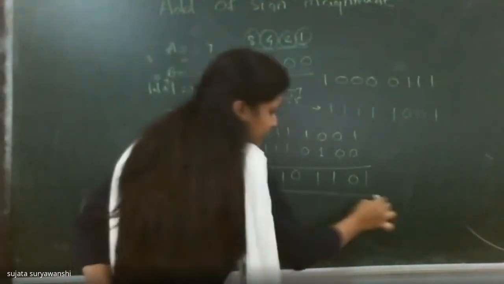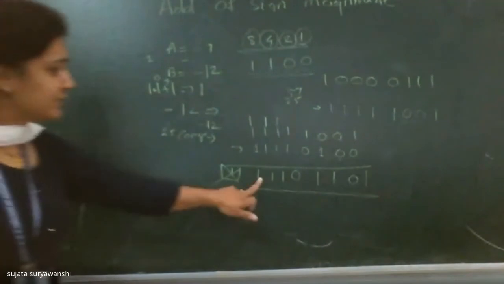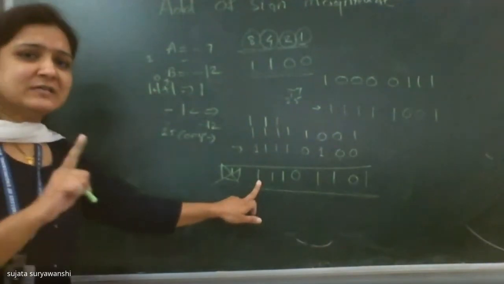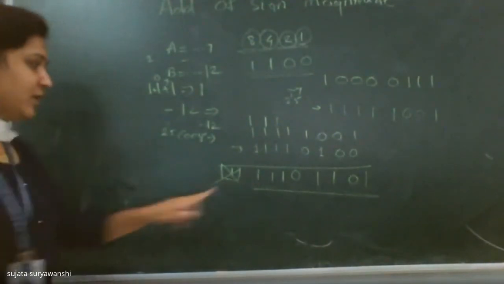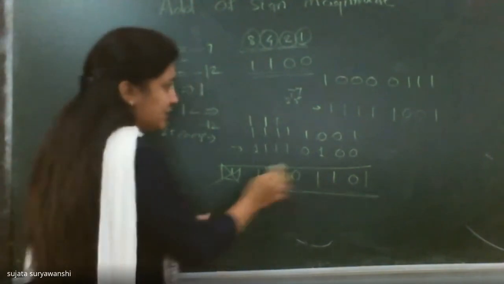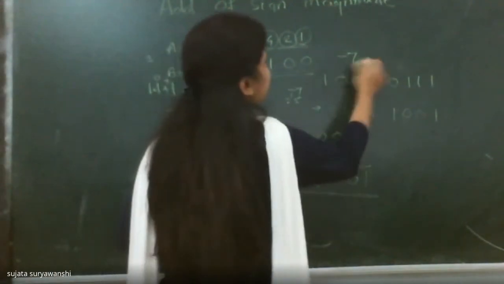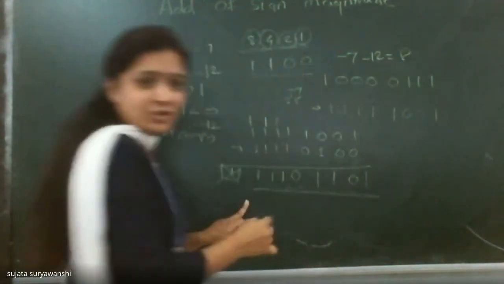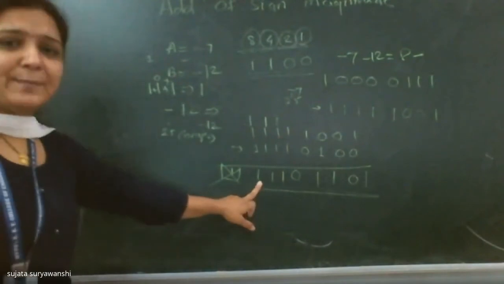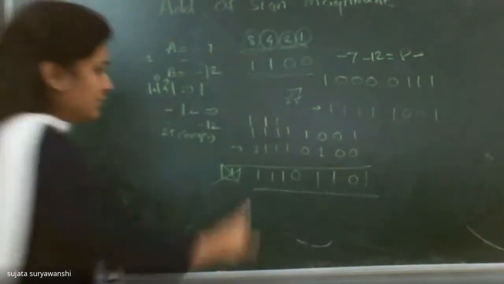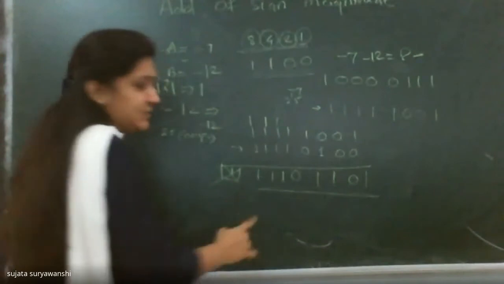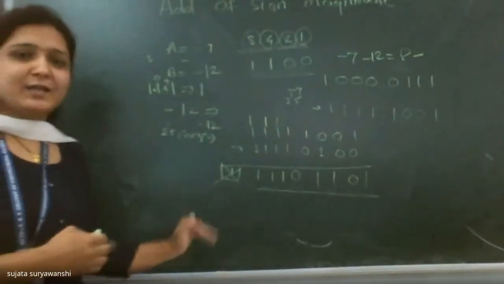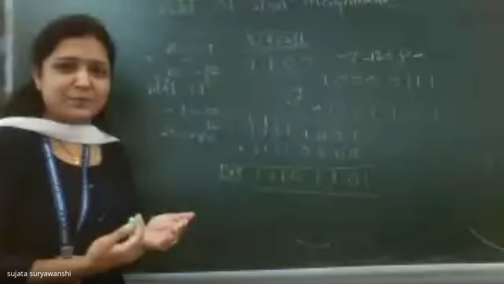Now consider your result here. The MSB bit of your result shows the sign of your number. Suppose -7, -12 you have to perform. So your result has a negative sign, shown by the MSB bit. Okay, so this is your minus. After that, if the number is negative, you have to use the 2's complement procedure again to get it in the original form of the result.